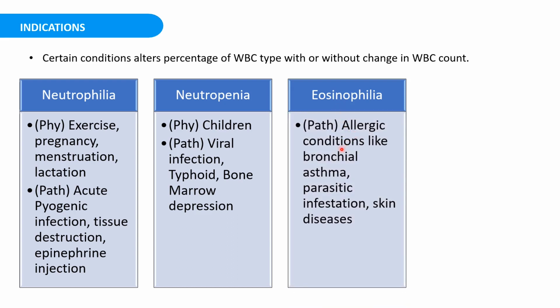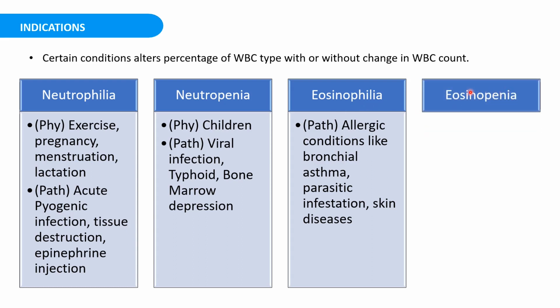Any allergic condition, whether bronchial asthma, worm infestations like parasitic infestation, or skin diseases, are usually because of allergic conditions. In these conditions, eosinophilia will be present. So if you suspect the patient has fever because of allergy, then do the DLC. If there is eosinophilia, that means the person is having some allergic reaction.